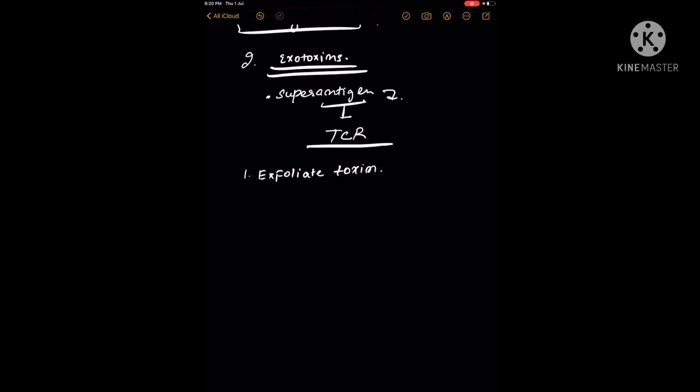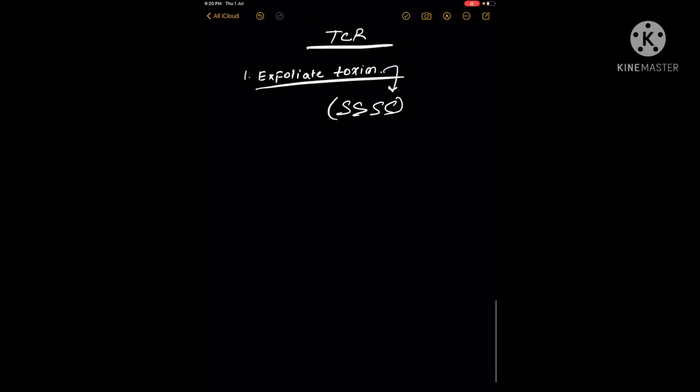What does the exfoliative toxin do? It causes a thing known as staphylococcal scalded skin syndrome. What is this scalded skin syndrome? It may be severe or it may be mild.